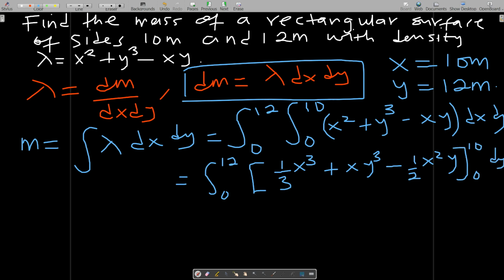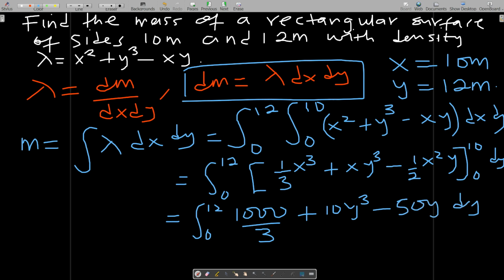Now this simplification will give me the integral from 0 to 12. When I put my limit in, 10 cubed will be 1000, so 1000 over 3 plus 10y cubed, minus 10 squared is 100, and half of it is 50, so minus 50y dy.